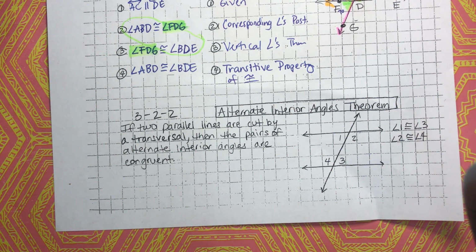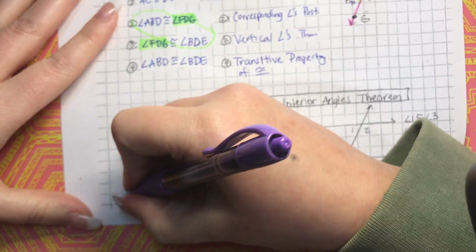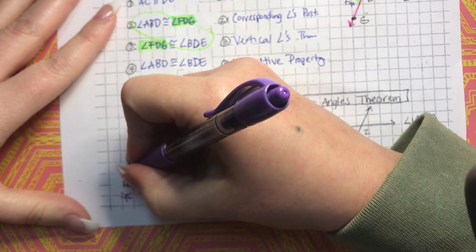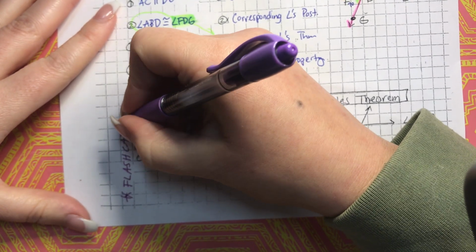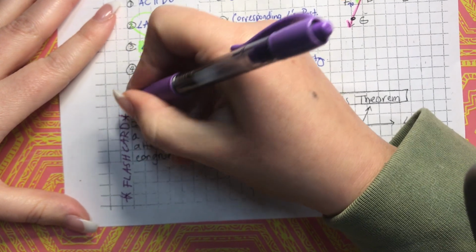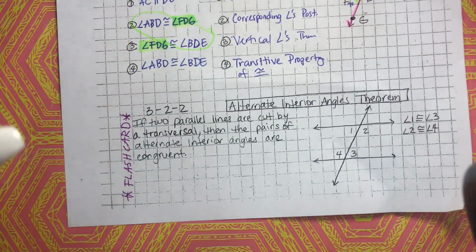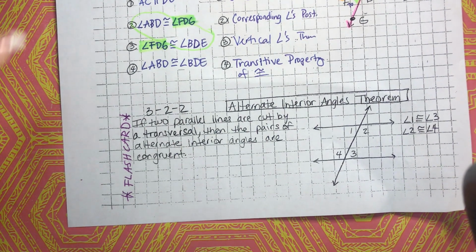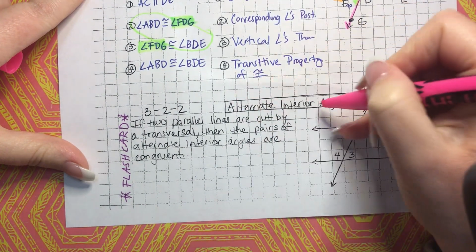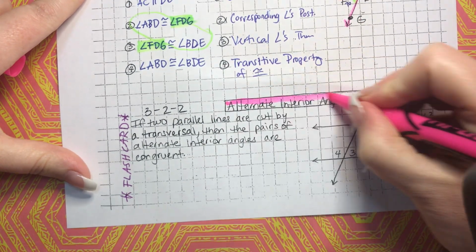And yes, you guessed it, this is a flashcard. Flashcard alert. So we have 3 flashcards so far. We have the corresponding angles postulate, we have the alternate exterior angles theorem, and now we have the alternate interior angles theorem.